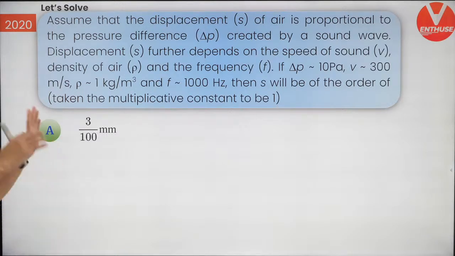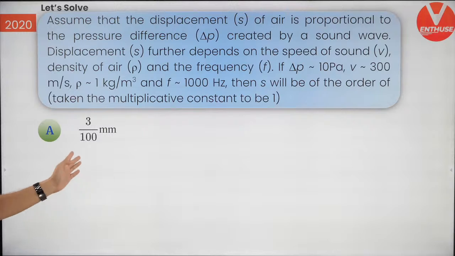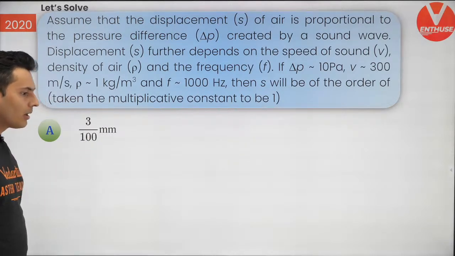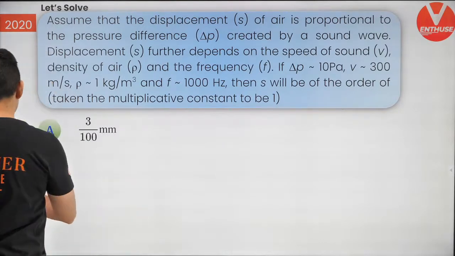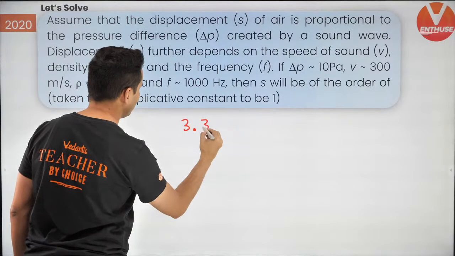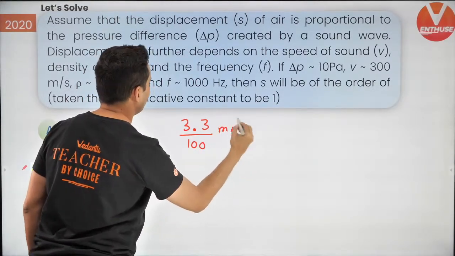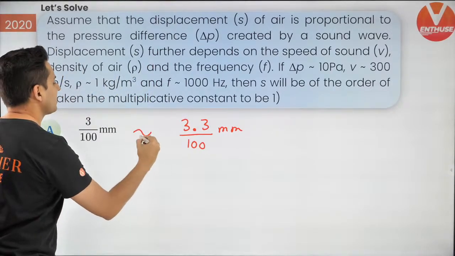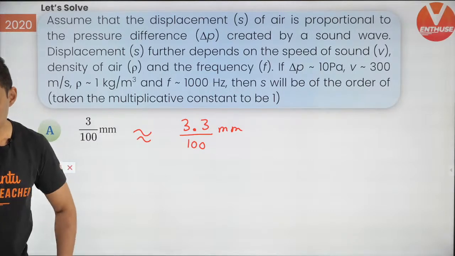Oh, my bad, guys. It is 3.33. By mistake I put 33 over there, so just ignore that. It was supposed to be 3.3 divided by 100 millimeters, which is approximately 3 millimeters by 100. Yes, correct.